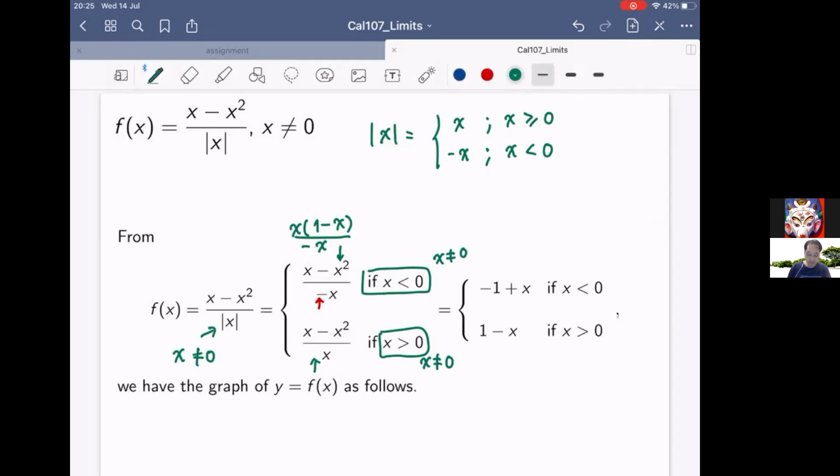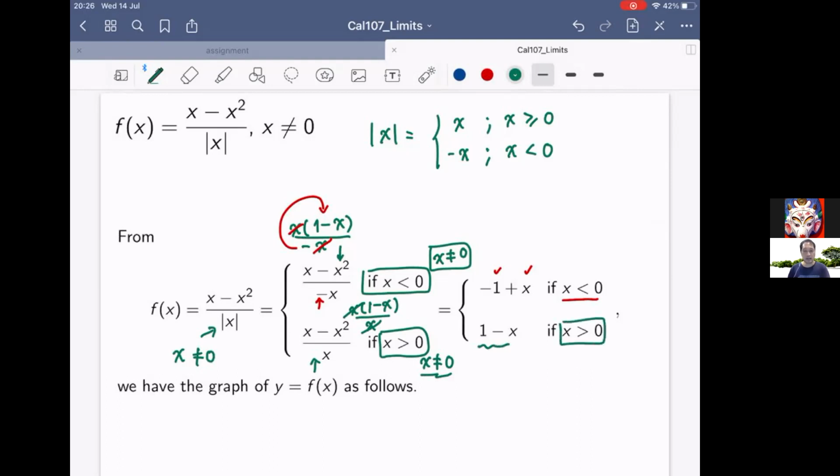Because your x is not 0, here and there we can cancel, and this negative will distribute in. So you have -1 plus x if your x is negative. For this one, same thing, you have x times (1 minus x) over x, and since your x is not 0, you can cancel that, and here is the function value as your x is positive.